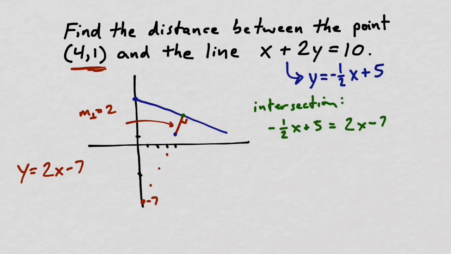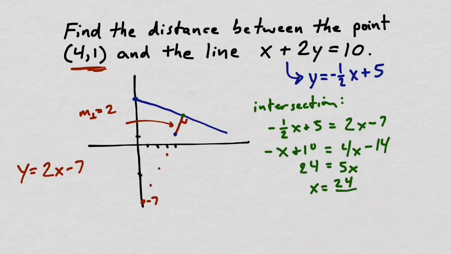I would first multiply by 2 to get simply -x + 10 = 4x - 14. Combining like terms, we see that 24 is going to equal 5x. So x equals 24 divided by 5, or as a decimal, we could write this as 4.8.